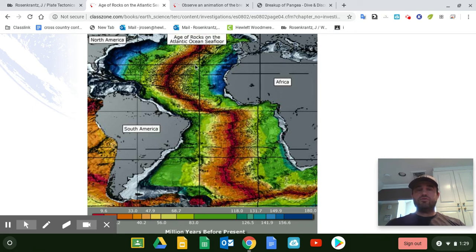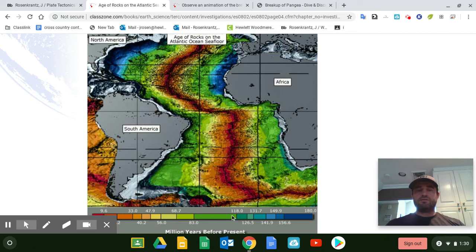So if that's true, we should be able to figure out the time difference. If you look here, see the dark blue by North America and the dark blue here by North Africa? Those rocks on the seafloor are 180 million years old. But then in South America, it's green, and in South Africa, it's green.